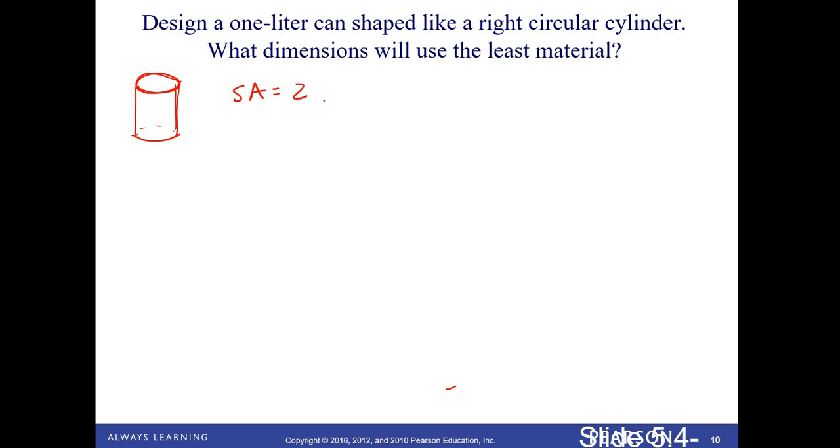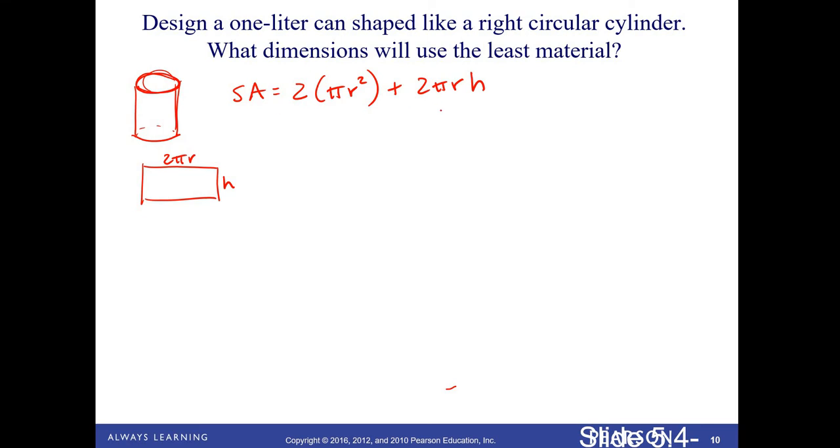So I need 2 pi r squared pieces. The outside of a cylinder is a rectangle that has been rolled up, whose length is the circumference, 2 pi r, and whose height is the height. So I need to add the sides of my surface area, 2 pi r h. So that's the surface area of my cylinder, and I want to use the least material that I can.